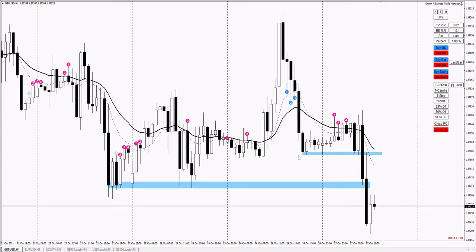When you have significant, or probably the wrong word, let's call it significant and obvious levels, these obvious levels, like multiple touches, there is also another thing to look for, which is that it is often retested. And that's the same concept that I explained in my yesterday 25-minute video, break and retest.